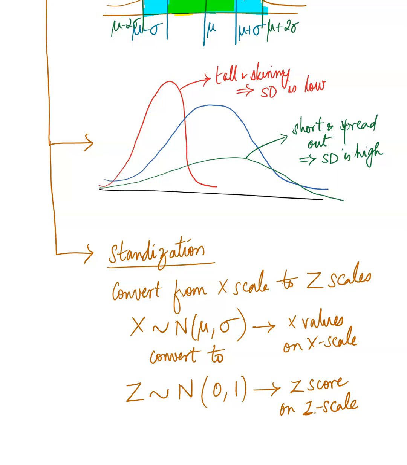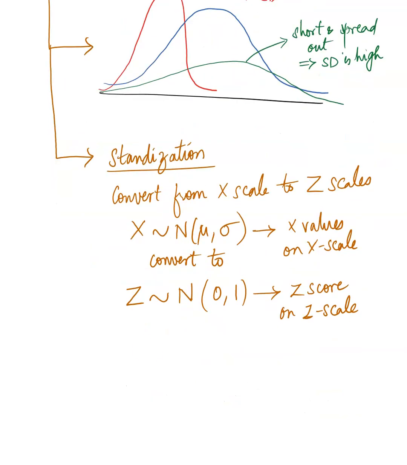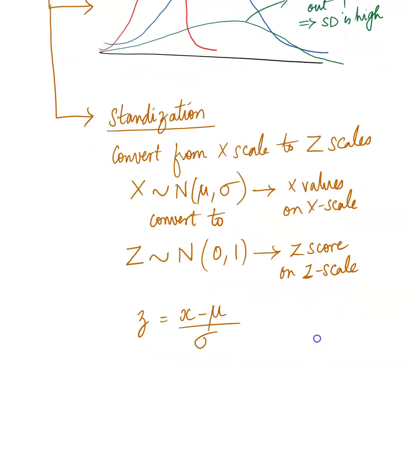And when we do the standardization, here is the formula. You have uppercase Z to indicate the random variable, but the values themselves will be lowercase z. So I want to use a cursive z so you can differentiate between the two. The lowercase z is x minus mu over sigma. That's it. You do this formula and you can switch from x scale to z scale.